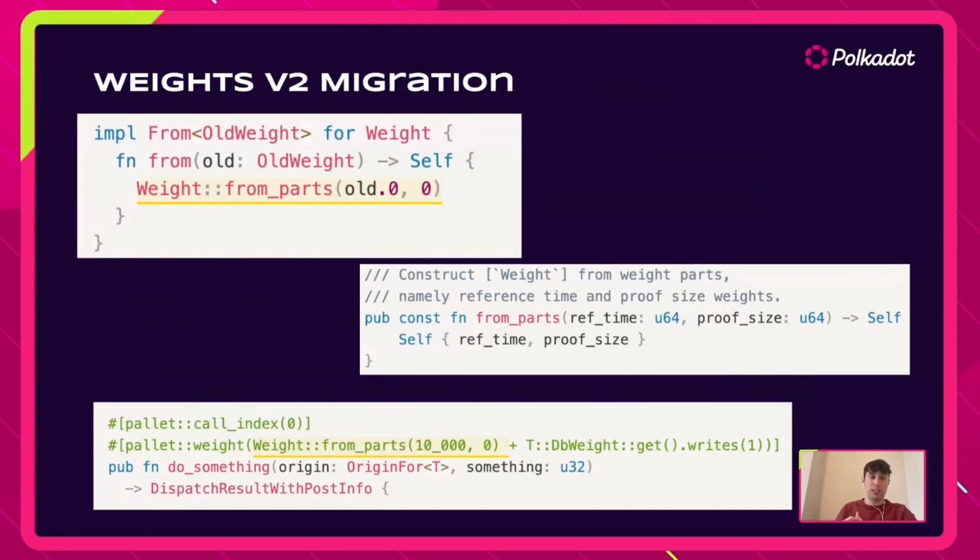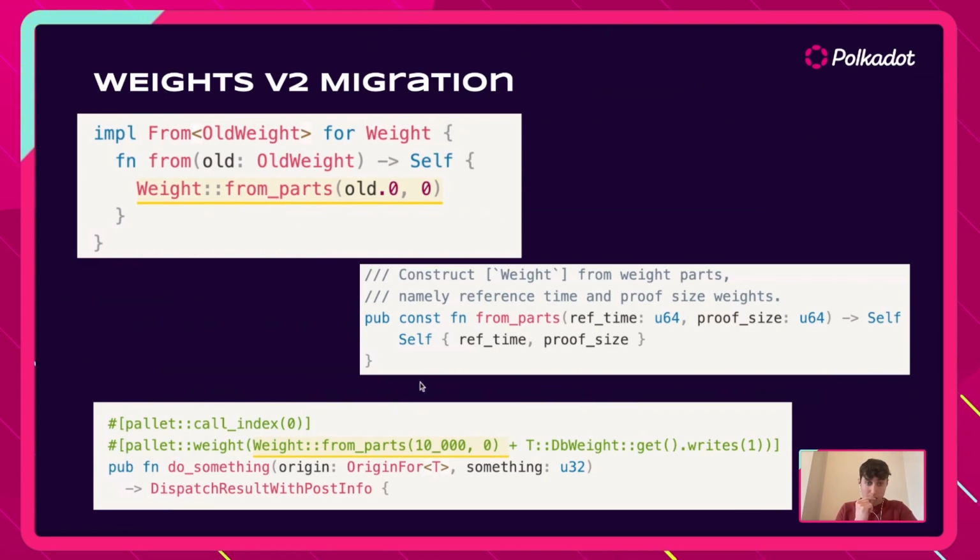So in this migration, basically what it does is take the first element of the old struct, the ref time, and add a default value for the proof size using this from parts method. From parts is basically a constructor where we can create a new kind of weight. And again, if in the future we add a third dimension, in the constructor we are just going to add a third parameter.